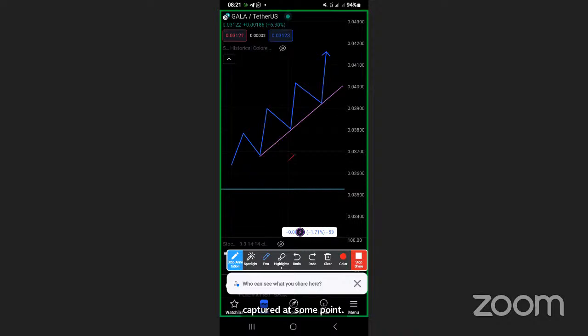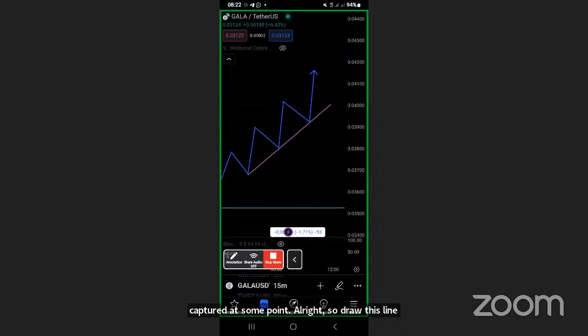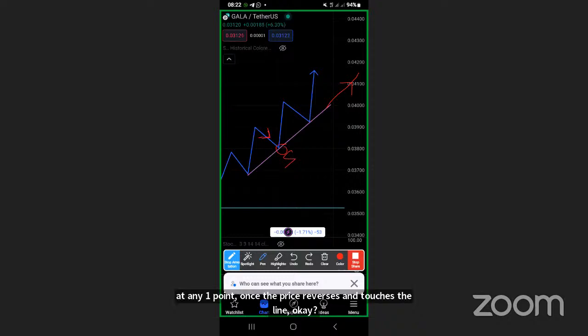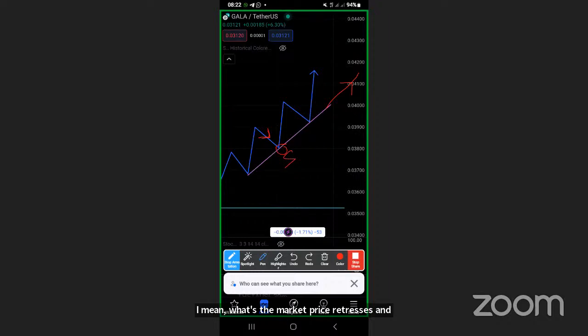Now, after drawing this line, by connecting the higher lows, this becomes your support. It is supporting your monitoring of the trend because at any one point, once the market price retraces and touches the line, there will be a reversal.